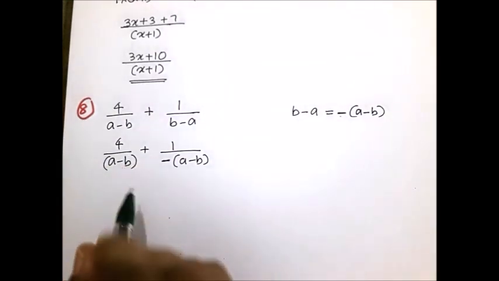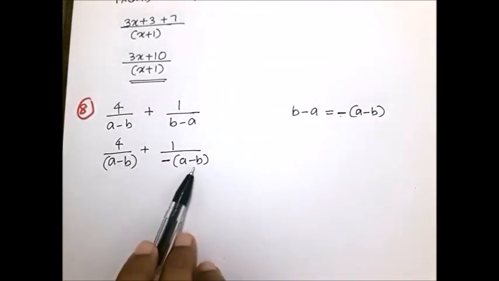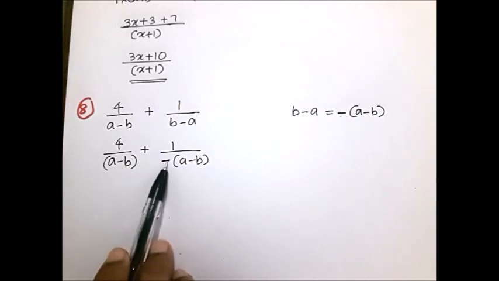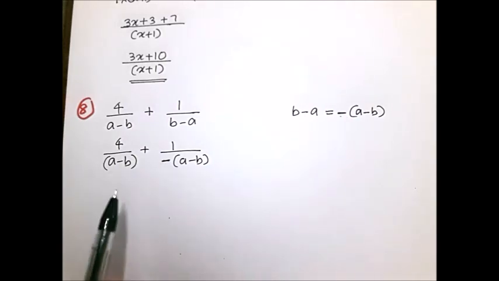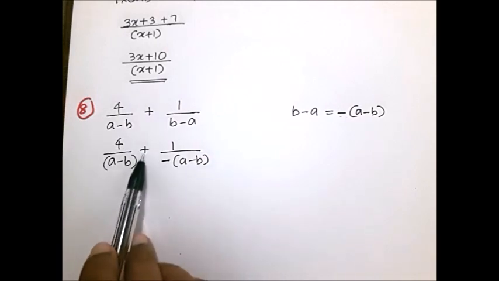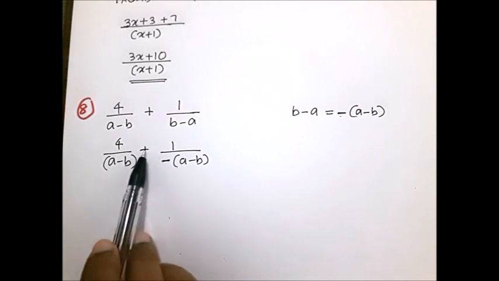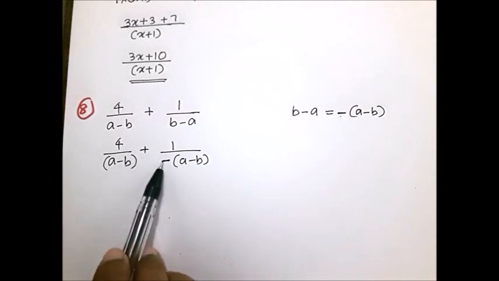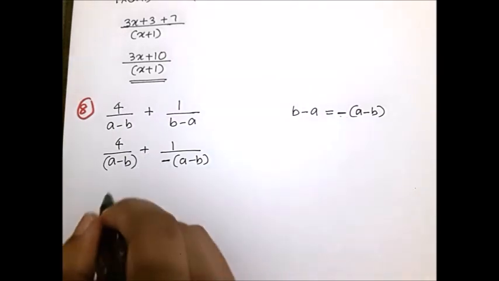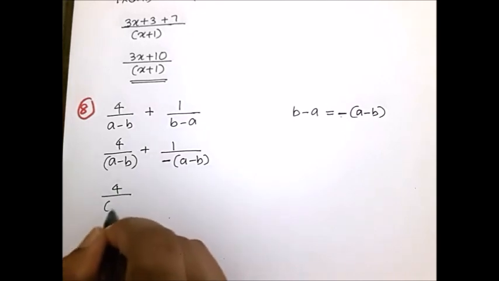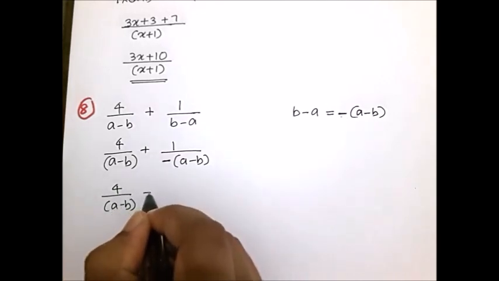Here now you can see denominators are equal, but there is a minus term, so you have to remove this minus term before taking common denominator. Here plus 1 divided by minus term, plus divided by minus, it is minus. So in the middle you have to write minus.